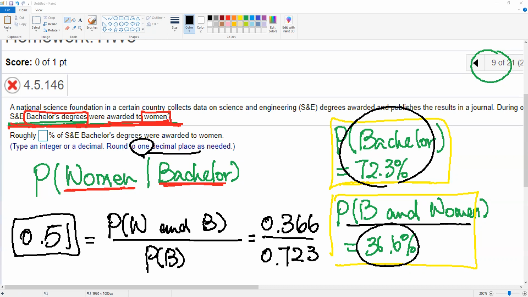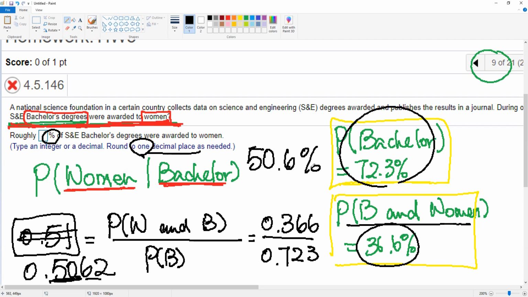So let me check. Oh, it's a percentage. I'm sorry. Just a second. Actually, I have 0.5062 and with the percentage it must be 50.6%, with one decimal.